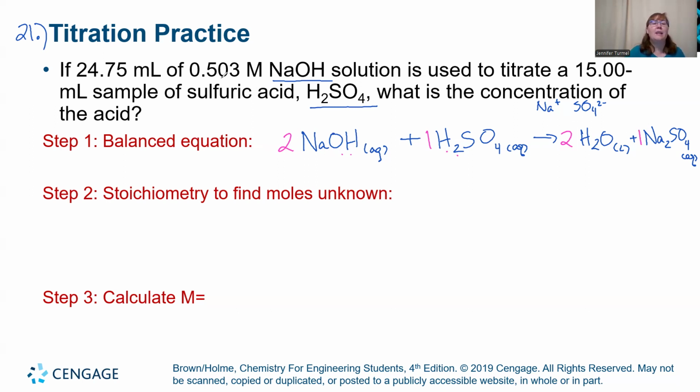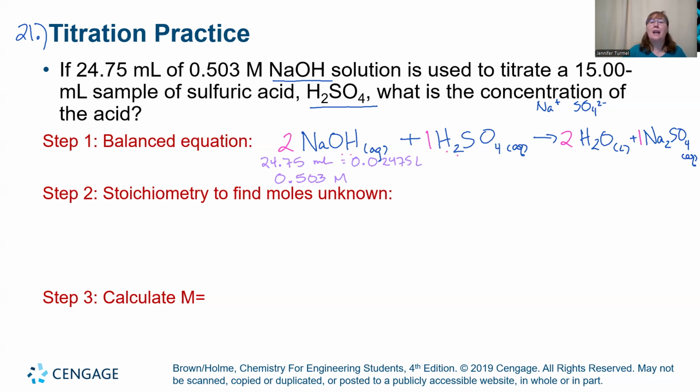Now it tells me that I have 24.75 milliliters of my sodium hydroxide. And again, from the previous slide, I know that I need to convert that to 0.02475 liters. And my sodium hydroxide is 0.503 molar. Now I have my sulfuric acid over here.